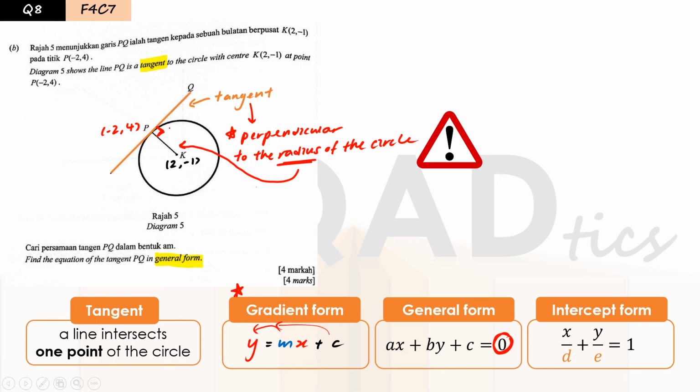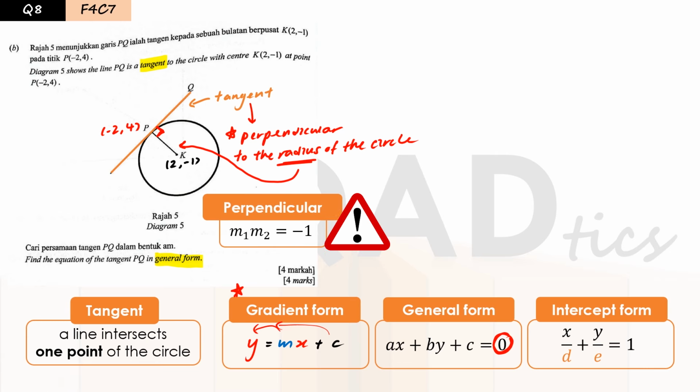So that means the tangent and the line PK here are perpendicular to each other. Right, so since both of them are perpendicular to each other, if we want to find the gradient of the tangent, we can use the formula that I mentioned in the previous question also, which is the gradients of two perpendicular lines. If we multiply them together, it will be equal to -1.